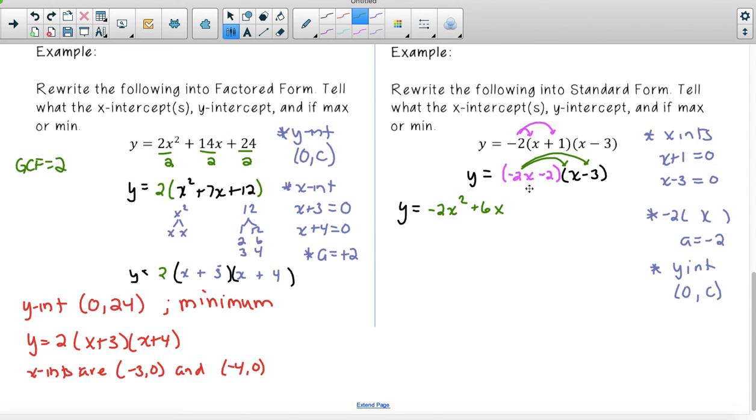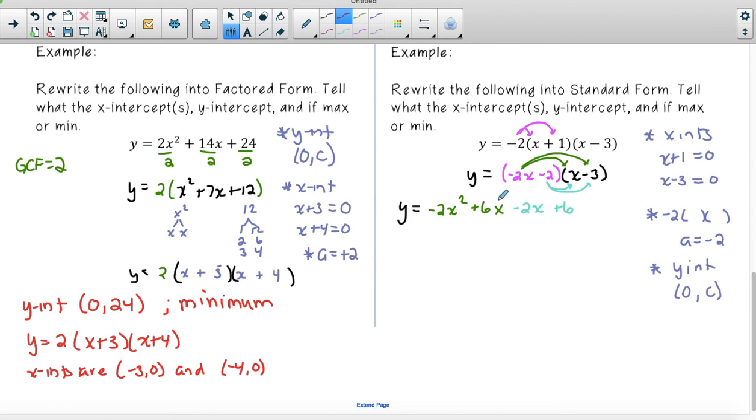So we've multiplied the negative 2x to everything, but we still need to multiply that negative 2 to everything. So now I'll take this negative 2 and multiply it to the x and to the negative 3. So negative 2 times x is negative 2x, and negative 2 times negative 3 is positive 6. Now that we've distributed everything, we can combine our like terms to make it into standard form.